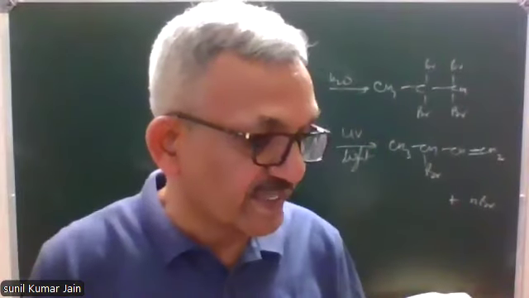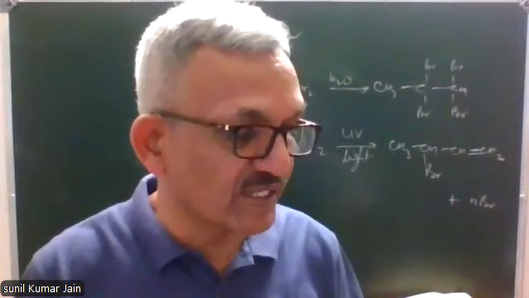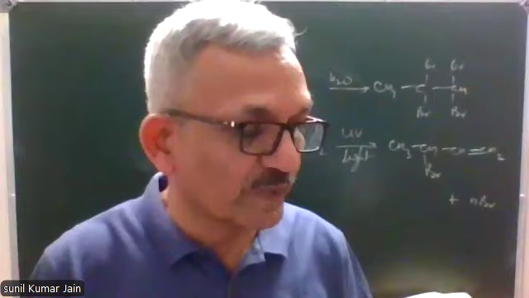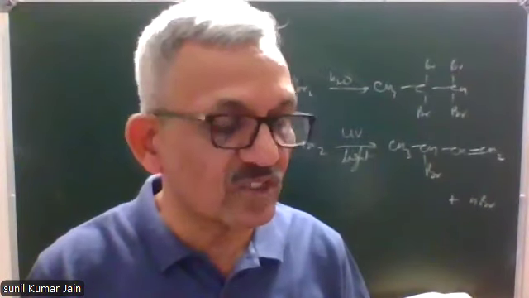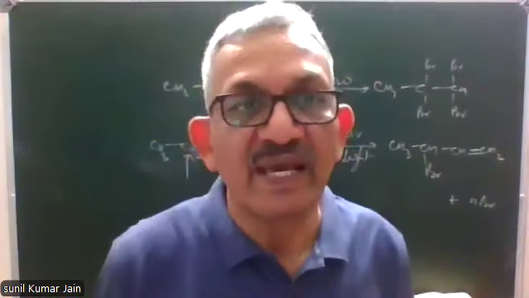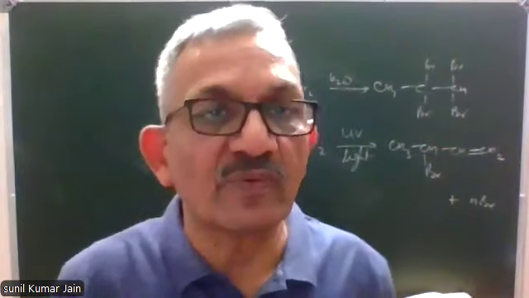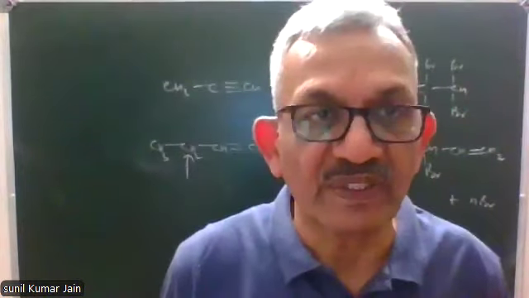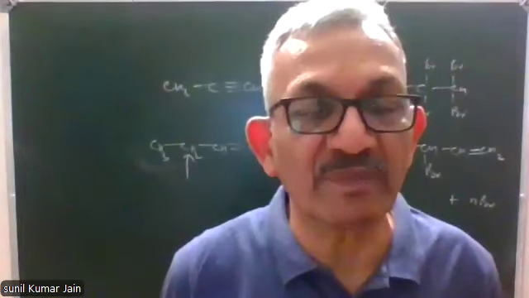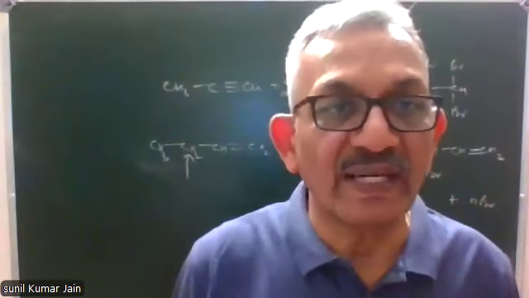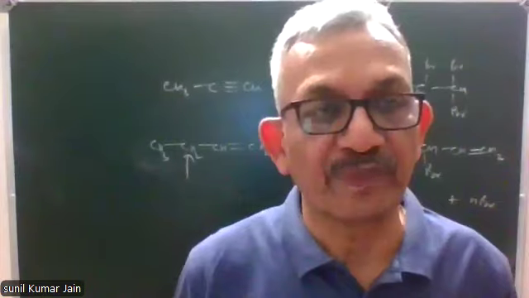Fourth question. Give IUPAC names of all alkenes containing 6 carbon atoms to which Markovnikov's rule for the addition of HX is not applicable. See, whether it is Markovnikov rule or anti-Markovnikov's rule, these rules will not be applicable only when the alkene is symmetrical.